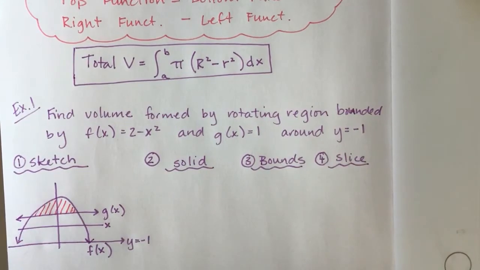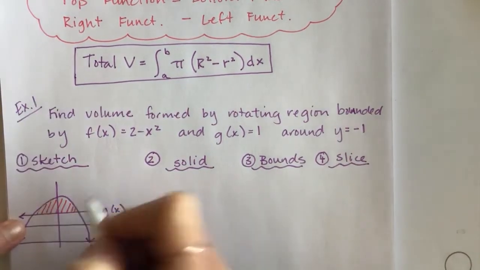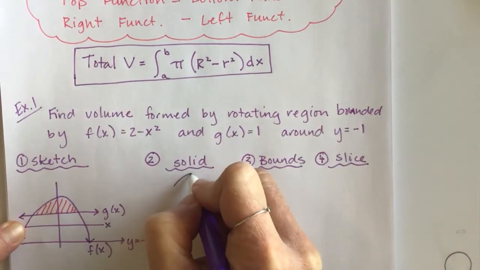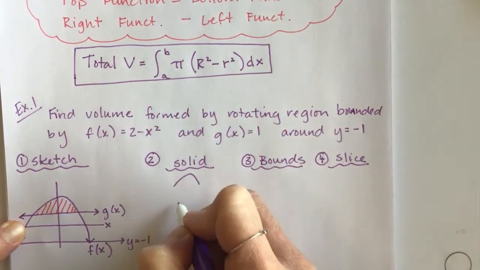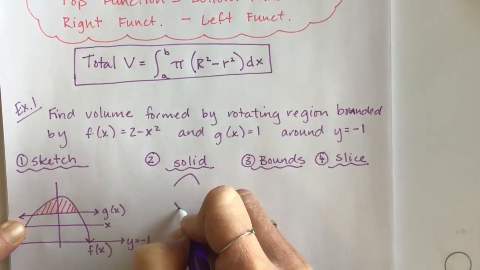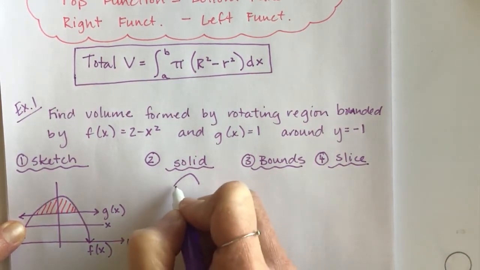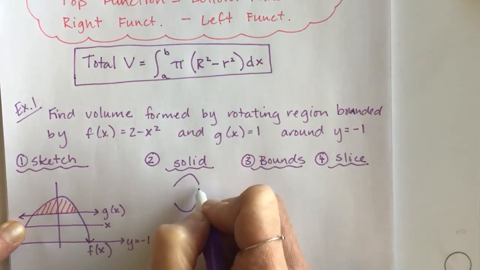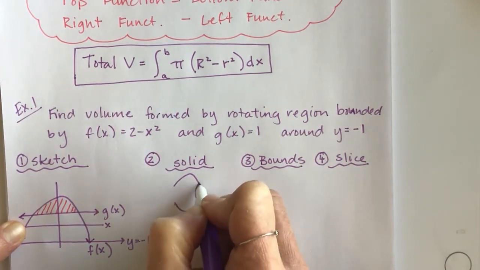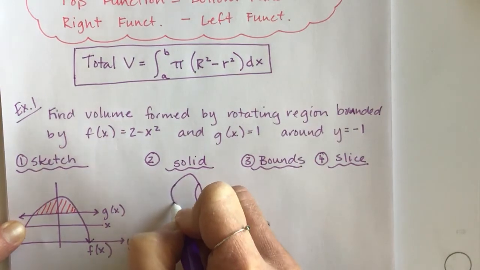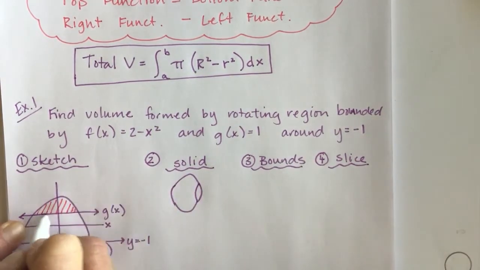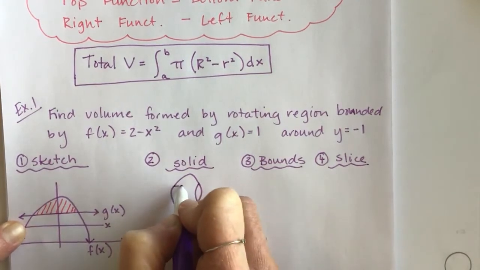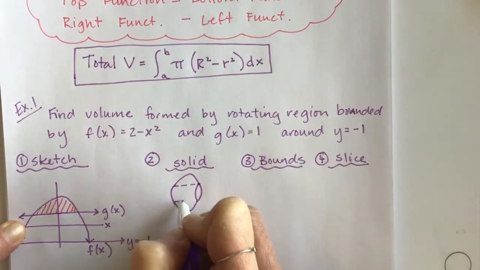If we're looking at this solid, it's going to have a hump, and that hump's going to be reflected. That's the outside of it, but the inside is going to be flat, like a cylinder type shape there.